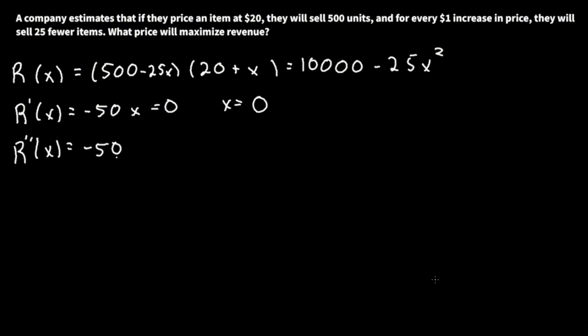The second derivative is always negative, therefore we're always concave down. So that means x equals 0 is a local max. But wait, x equals 0 is just the first price, $20, 500 units.